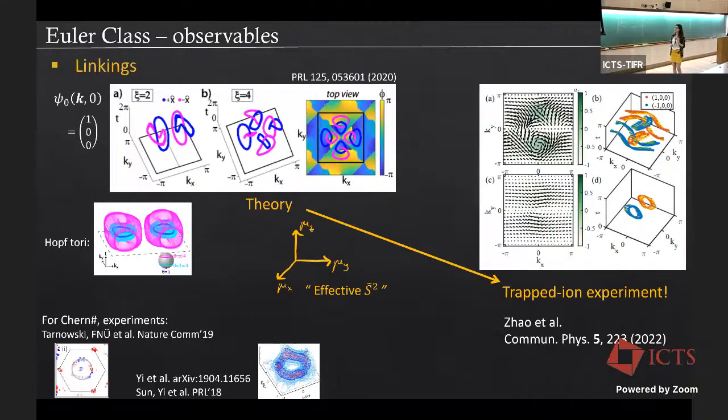So how does this look experimentally? It looks like this, by using this new effective Bloch sphere that I could cook up. What I do is start with some completely trivial state, and I suddenly quench with a Euler Hamiltonian that has non-trivial Euler structure encoded in it. And then this state is evolving.